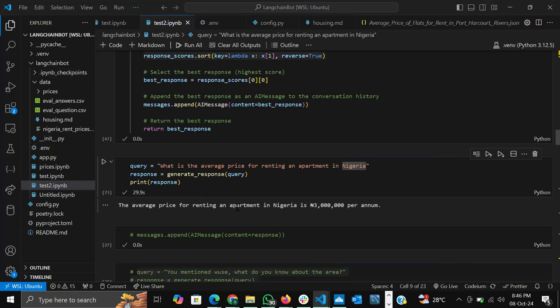And it says the average price for renting an apartment in Nigeria is about 3 million per year, depending on the areas. Yeah, this is close to accurate. For some areas in say Lagos, Abuja, you pay almost 50,000 naira per month. So if you multiply that by 12 months in a year, you should be getting around this figure. I'll ask one more question. That will be it.